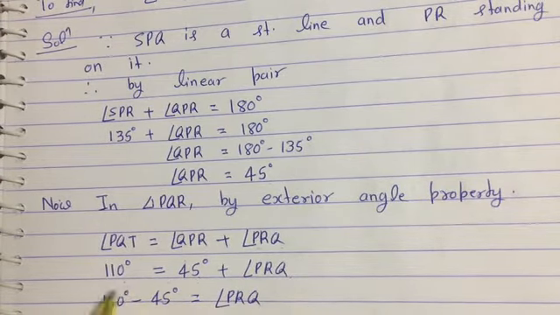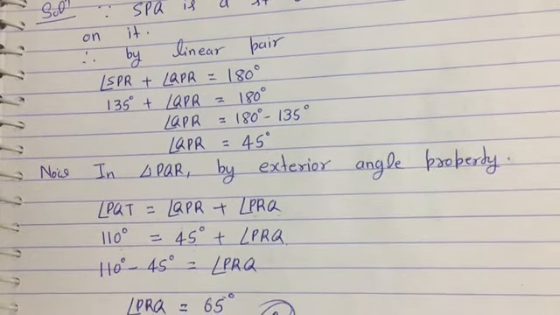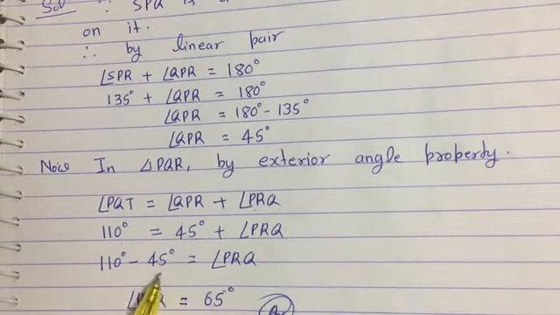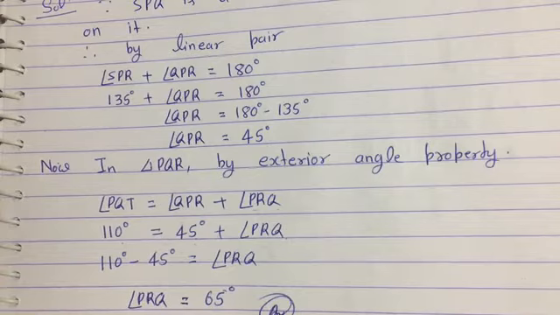Transfer 45 to this side. This is 110 minus 45 is equal to angle PRQ, and when we subtract 110 minus 45, it will become 65 if the calculation is proper. So angle PRQ is equal to 65 degrees. This is your final answer.